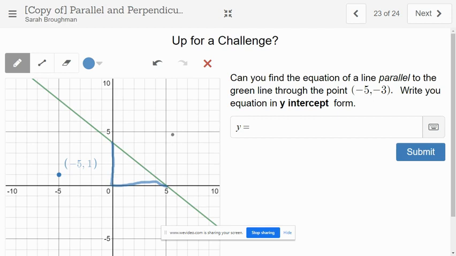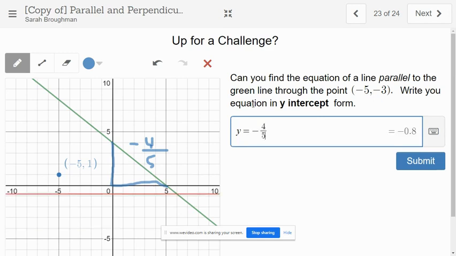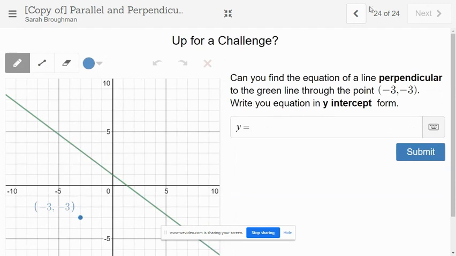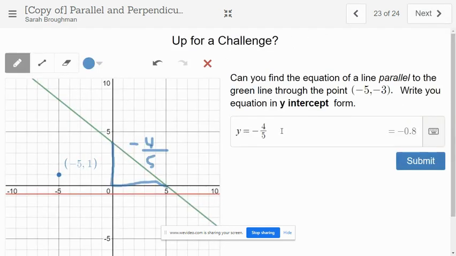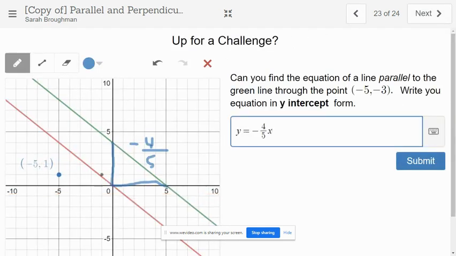So my slope is negative 4/5 for the green line. I want to be parallel, so my slope's going to be the same. Okay, but I need it to go through this point.